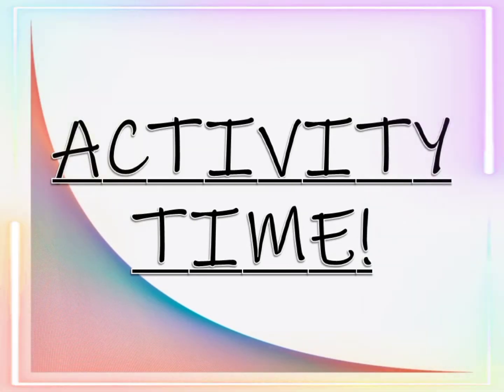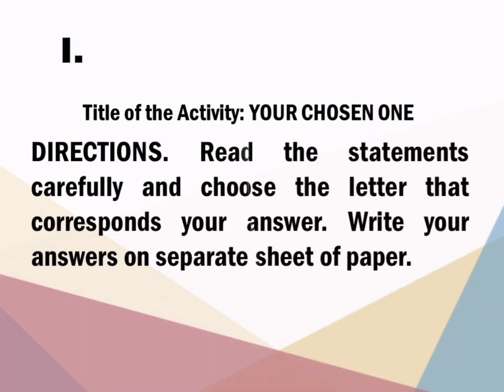Activity time! Activity 1. Your chosen one. Directions. Read the statements carefully and choose the letter that corresponds to your answer. Write your answers on a separate sheet of paper.